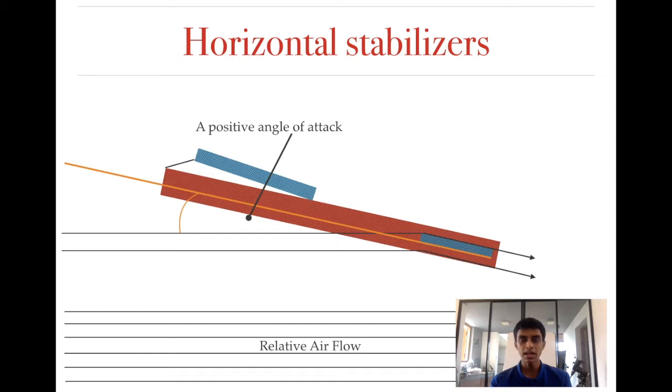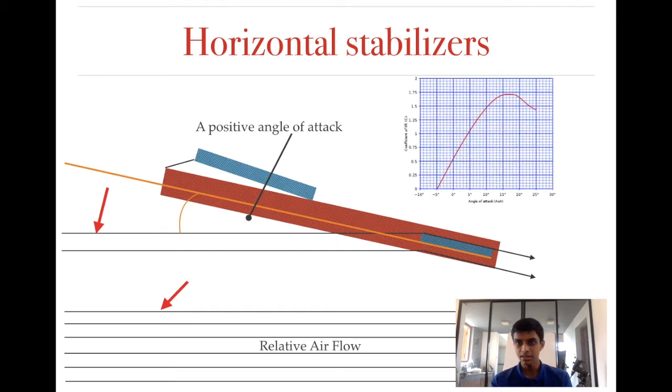I told you that angle of attack is the angle between the relative airflow and the chord, right? Not the airflow which is coming. But we know that this airflow and the relative airflow are both parallel. So therefore you can consider that angle equal to the angle of attack.